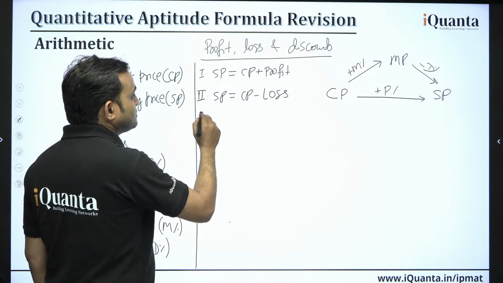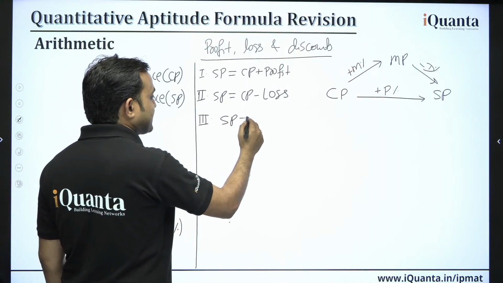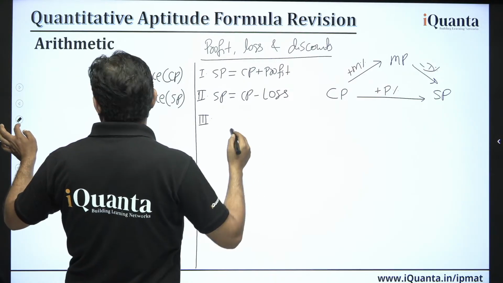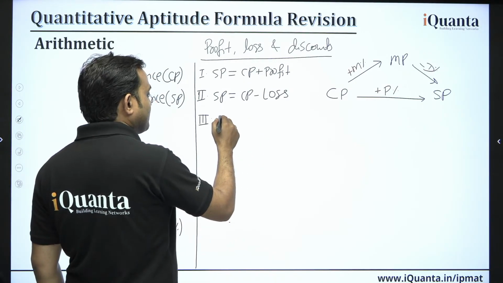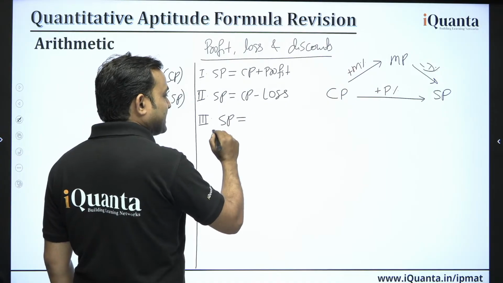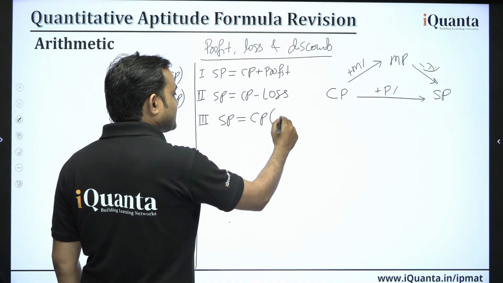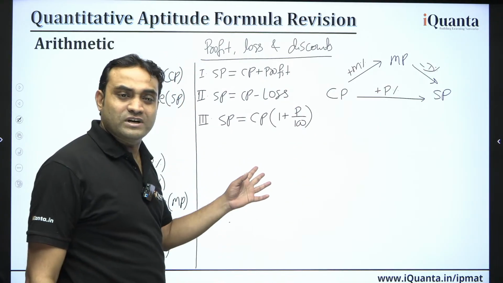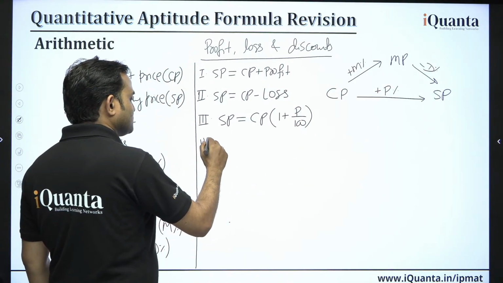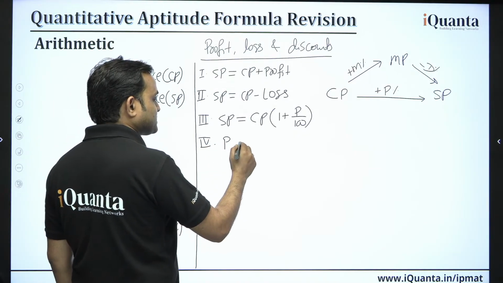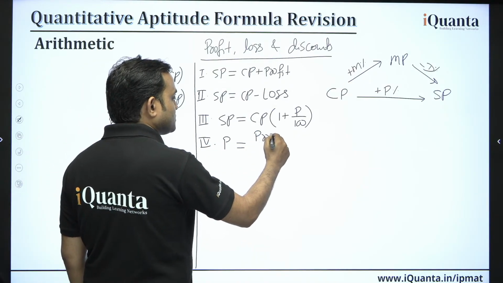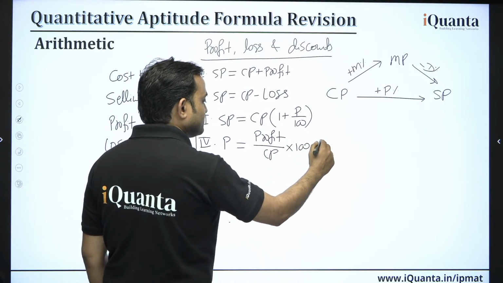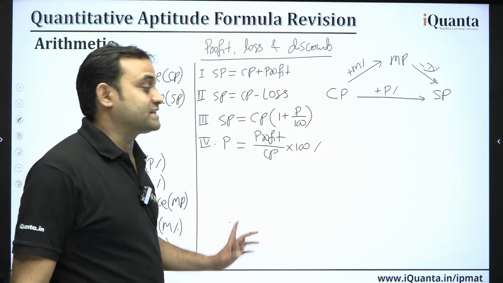Then third one, selling price can be written as cost price into 1 plus P by 100, where P is profit percentage. And how do we calculate this profit percentage? P is equal to the profit value divided by cost price into 100. This is our profit percentage P.